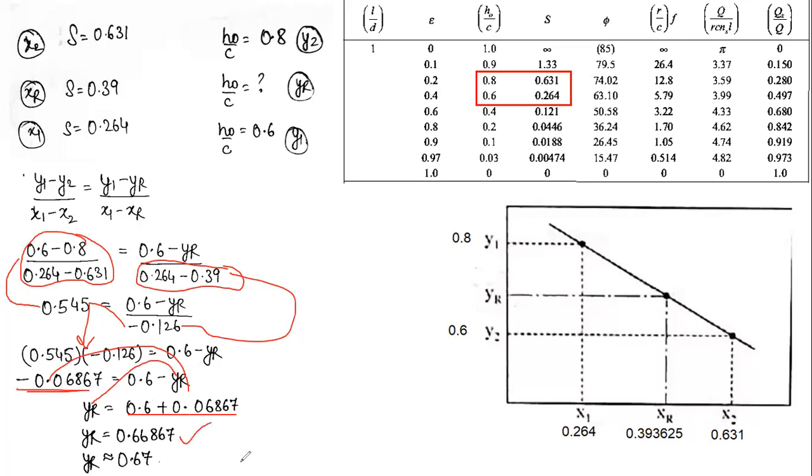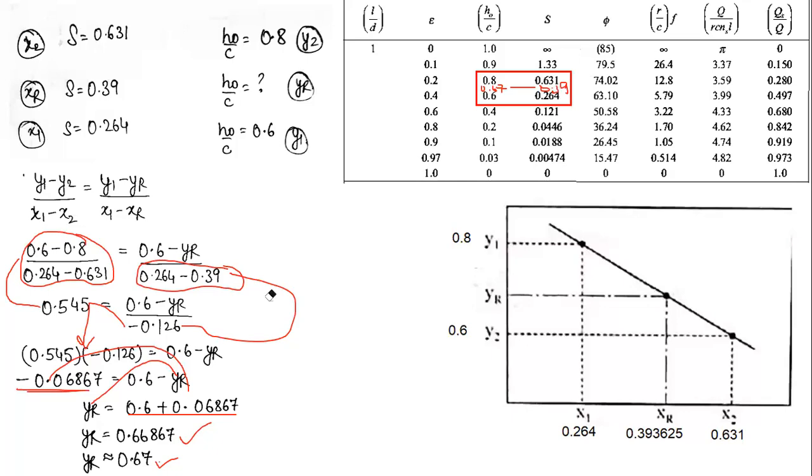The answer comes out to be 0.6686. Let me assume it as 0.67. Obviously, you can see that if 0.39 Sommerfeld number lies somewhere here, then in front of that, the h0 by c value I'm getting is 0.67, which is very correct. Logically, it's true. So this is the answer for h0 by c.